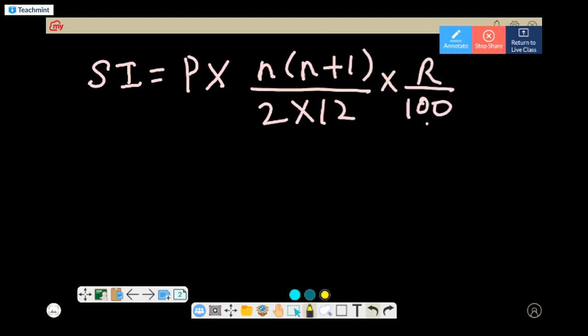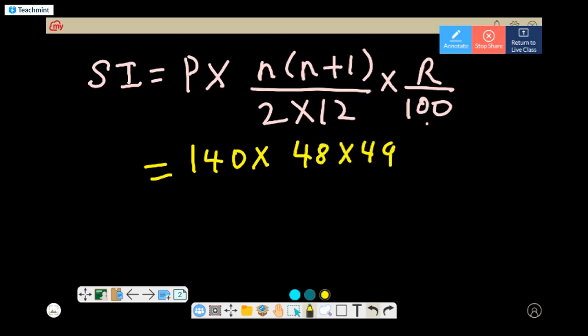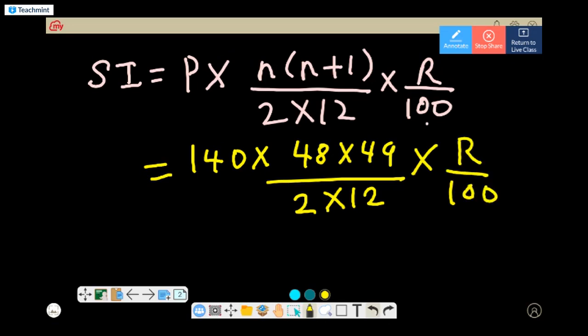Every time you should write it and then substitute. P value is 140, n is 48, and n plus 1 is 49. Okay. And to the bottom, 2 into 12. Then you will multiply this with R. R value we don't know, and this is divided by 100.